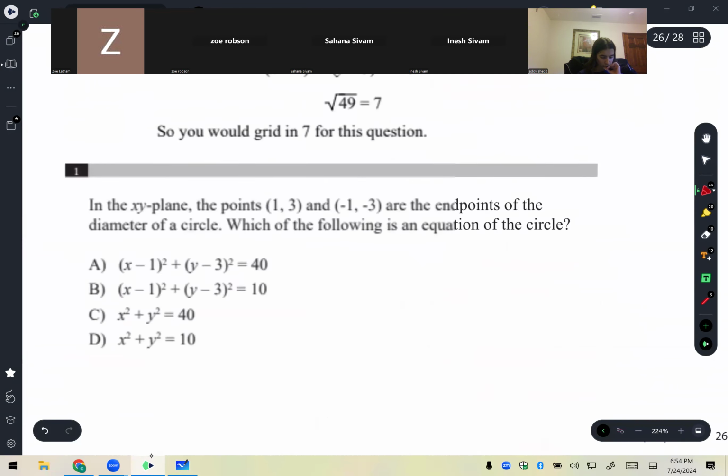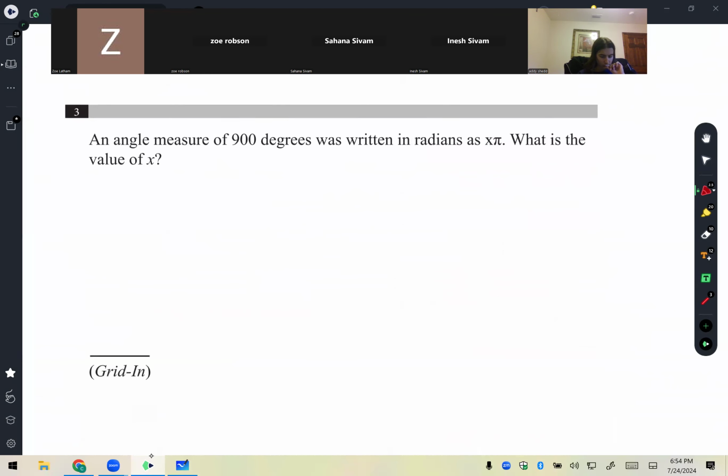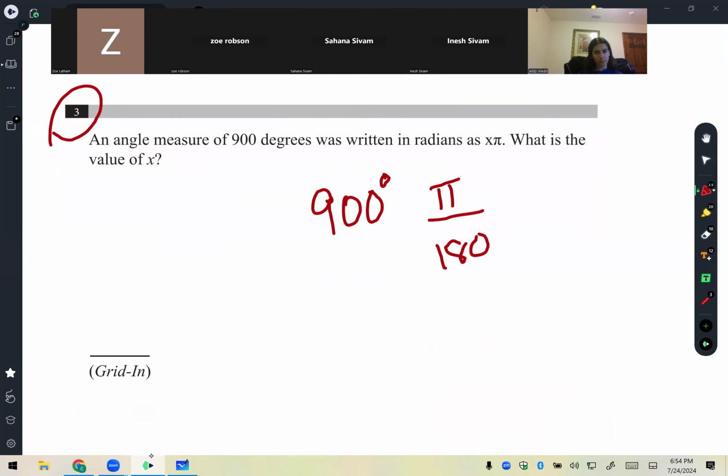She wants to do, yeah, I want to do number 3. So it's the last page of your packet. So if it's 900 degrees, and it's x pi, what's x? So what does 900 over 180 equal?